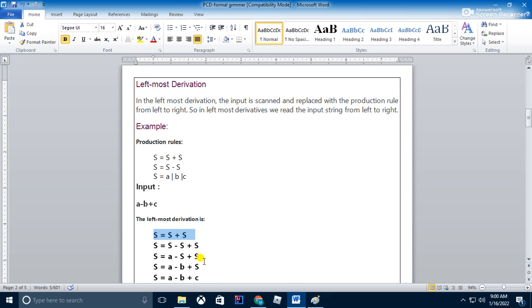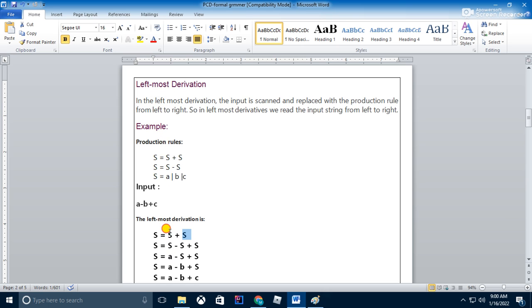So in the leftmost derivation, the given production rule is S equal to S plus S. Consider this part of the derivation. This S is on the left hand side and this S on the right hand side. In the leftmost derivation, we start from the left side of the derivation.